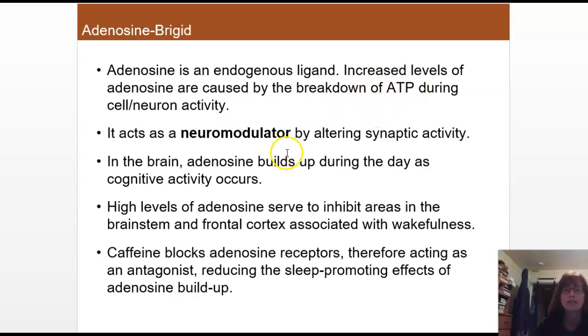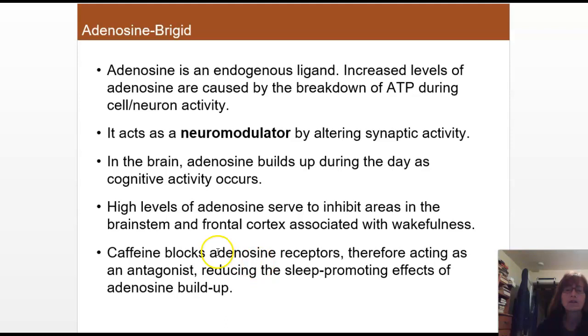It too acts as a neuromodulator, and it alters some of the activity that would normally occur at a synapse. As adenosine builds up during the day and starts to activate these different receptors, particularly in the forebrain area, it starts to inhibit those areas, and it makes you feel sleepy, basically.